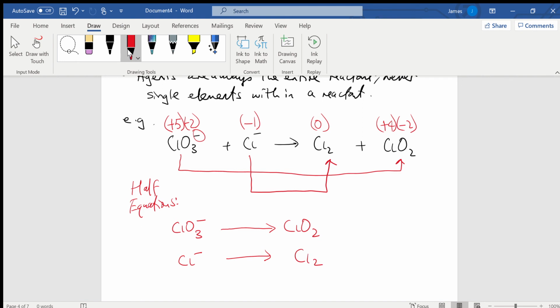Okay, now if you're going to look at balancing redox equations, which I'm not in this video, we would have to worry about the things that are not changing as well. So if you're going to balance redox, we would have to worry about all elements.